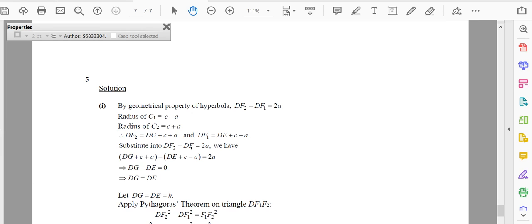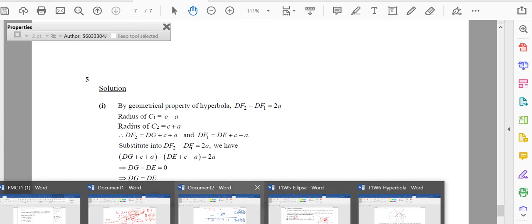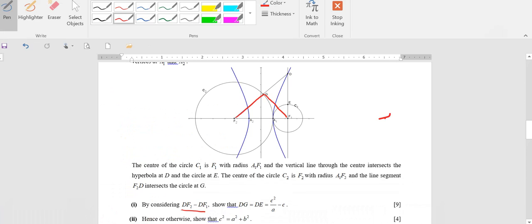So the idea is to express DF2 as DG plus F2G. F2G is drawn on a big circle with a radius given by A1 and F2. A1 is a vertex, F2 is a focus.